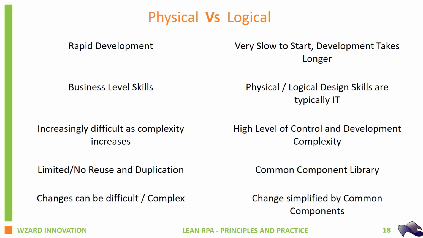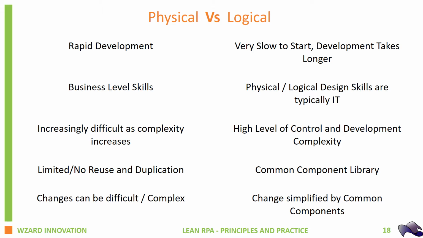Accessing the system via a more logical level means it's very slow to start and development takes longer. The physical and logical design skills are typically much more technical, requiring a greater level of skill than your typical business users. But it does give you a high level of control and allows you to deal with high levels of development complexity, and it's easy to build a common component library that can be shared and reused.